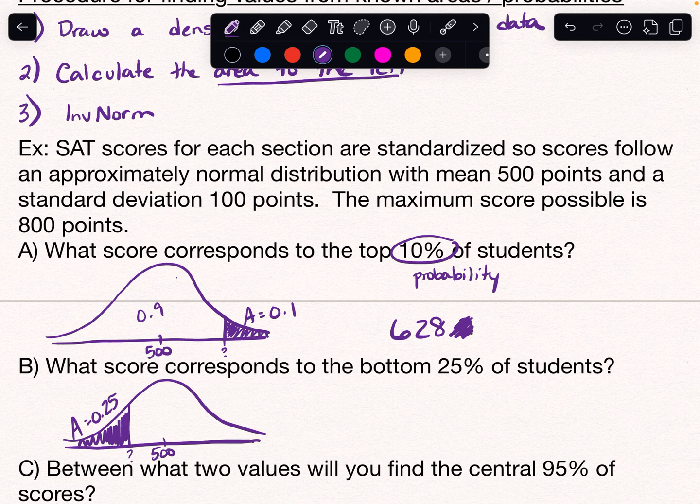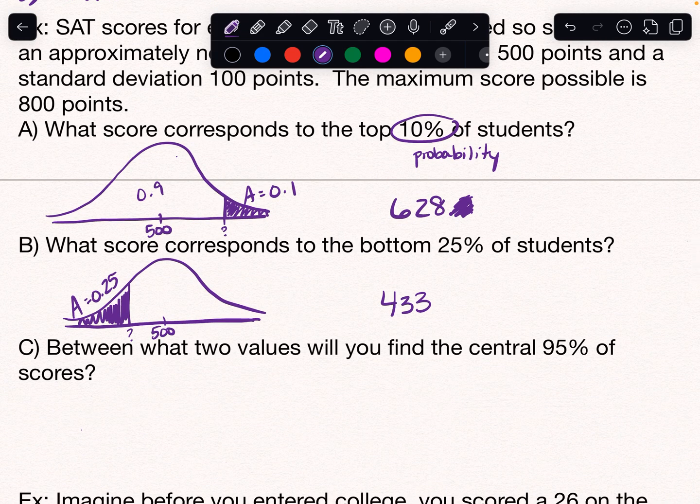I already have the area to the left, so I don't need to subtract it from 1. I'm still using inverse norm, with the same mean and standard deviation. I got a data value of 430.3, and I'm going to round to a whole number, 430. That makes sense because it's a value less than 500, since 50% of the people are at 500 or below. Okay.